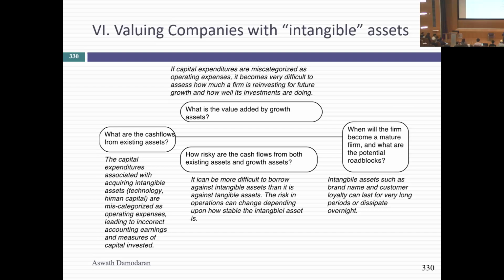And let's face it, that is the common feature across these companies with intangible assets: the expenses they incur to create those assets are not shown as assets, which means everything gets thrown off, your earnings, your book value, your return on capital, which means when I ask this question about cash flows, growth, and risk, you're going to be stumbling because the accounting doesn't help you.